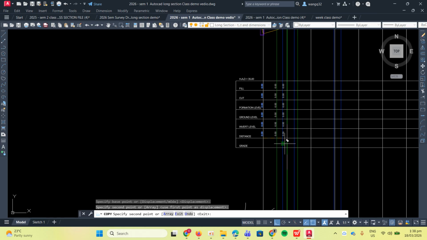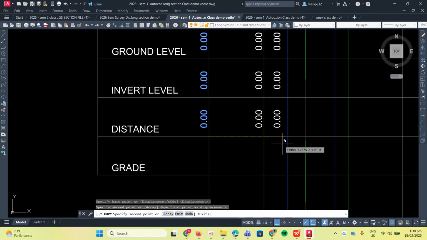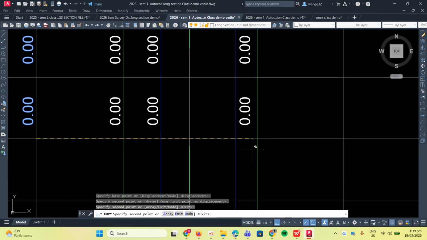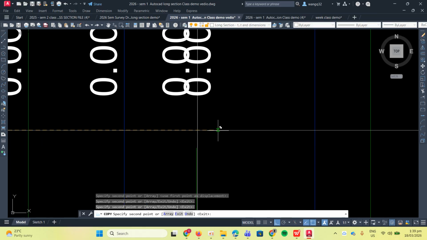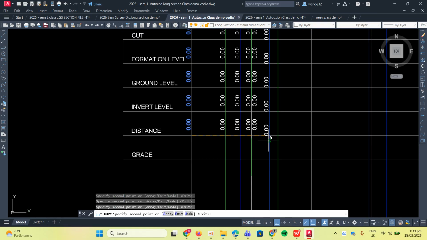And the next one will be the toe of our fill, which is the blue one here. And the next one will be the center of our tree. And then after that, on this side, we have the 5-meter intervals. So we need one number on that side as well.